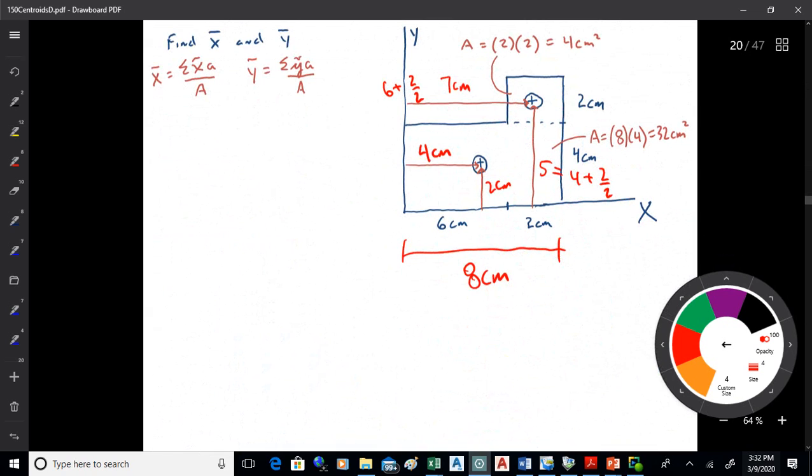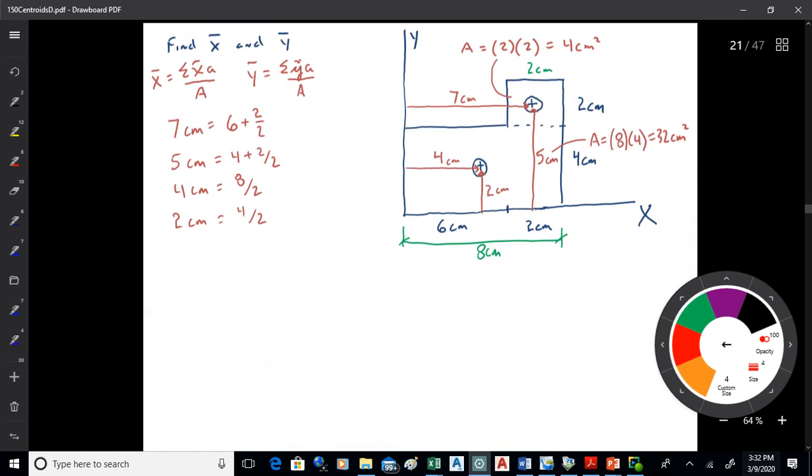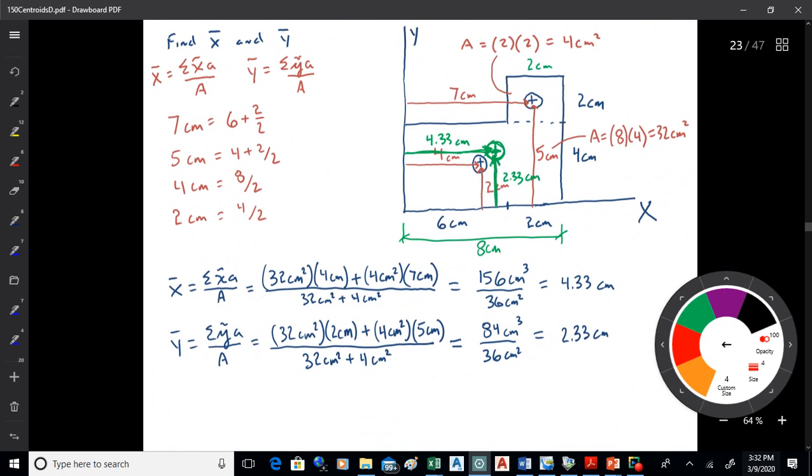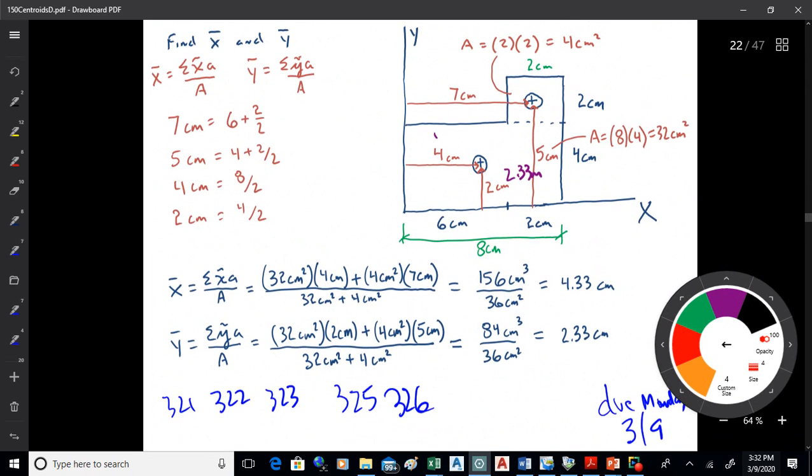So we went through this one example here. We just sketched this one up in class, where we found x bar. We got the areas and the x and y bar distances for this notched rectangle, and then we summed up the products of the areas times the offset distances.